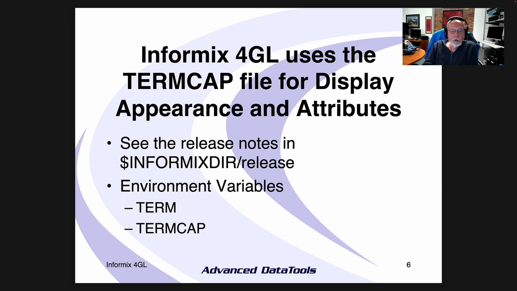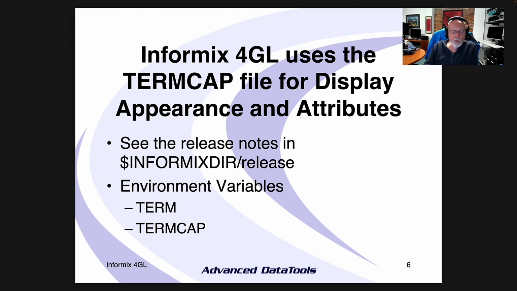Now, 4GL uses the TermCap file for display attributes and appearance. Look at your release notes, because that's where you will find out what the capabilities are of your version of Informix. It does change with versions. There are some versions that use terminfo. It also requires that two environment variables be set.